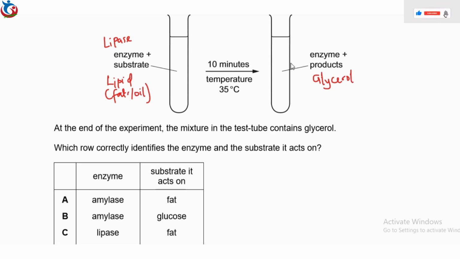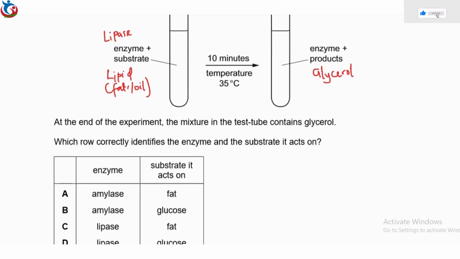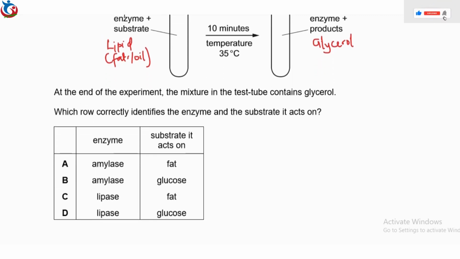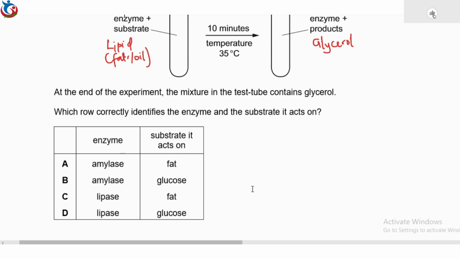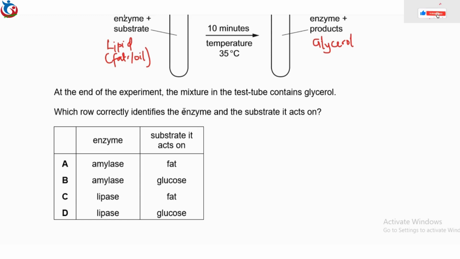With this now at the back of your mind, you should be able to just move straight to pick the correct answer. Option A says amylase as the enzyme and fat as the substrate. Then option B says amylase and glucose as a substrate. Option C says lipase and fat as the substrate. Remember, it was said that the product is glycerol.